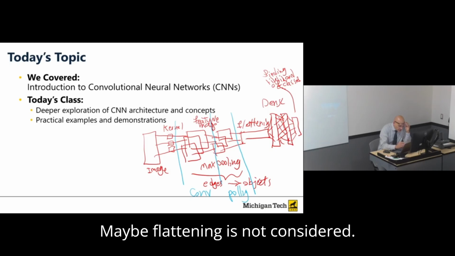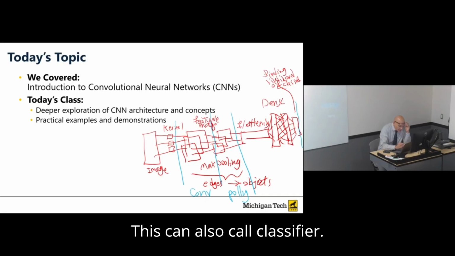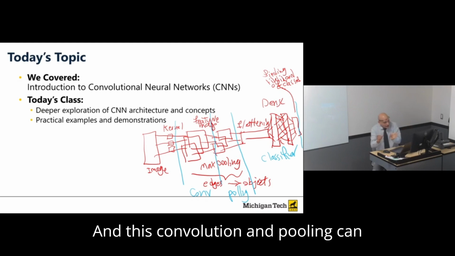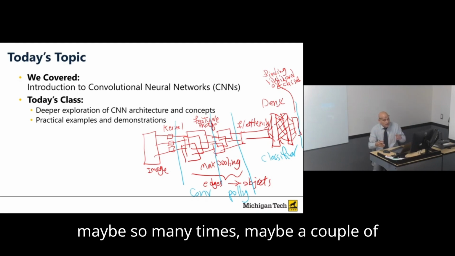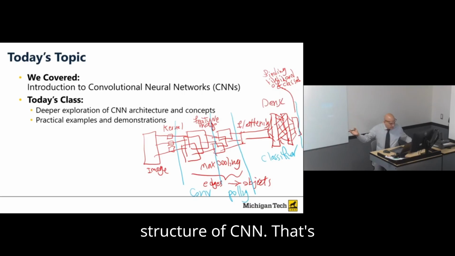Flattening is maybe not considered separately. Flattening and dense is the last part, which can also be called the classifier. It's like a normal classifier. The convolution and pooling can repeat a couple of times. This is the structure of a CNN.